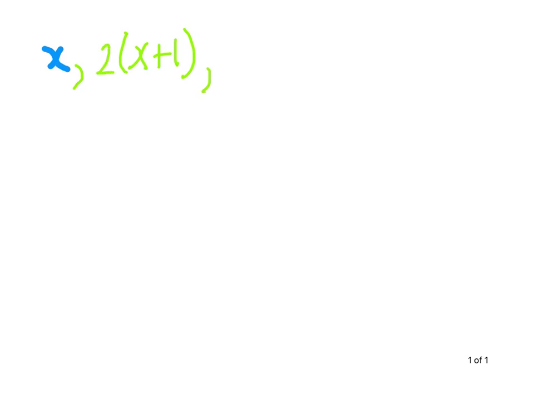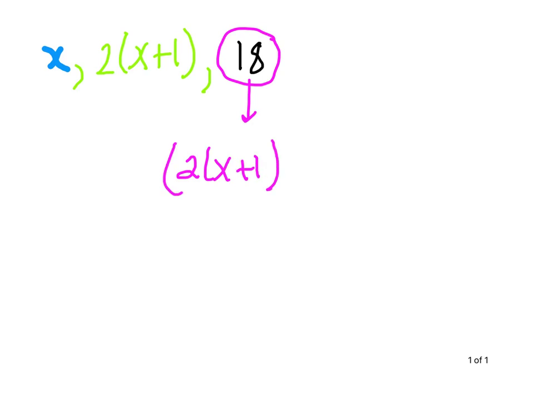Which means that the third term, which they gave us as 18, we can set equal to the second term, 2 times x plus 1, add 1 to that, and then double that entire term.